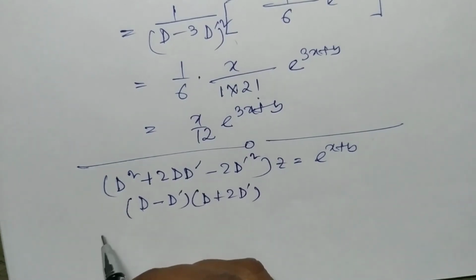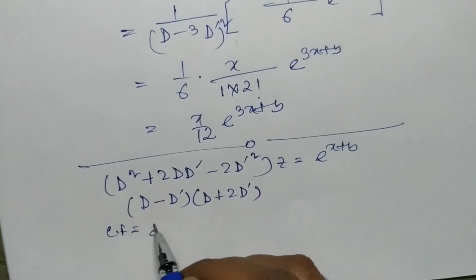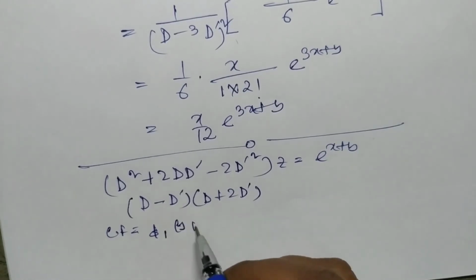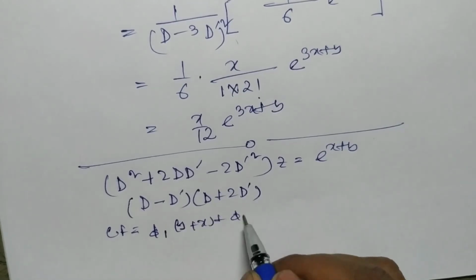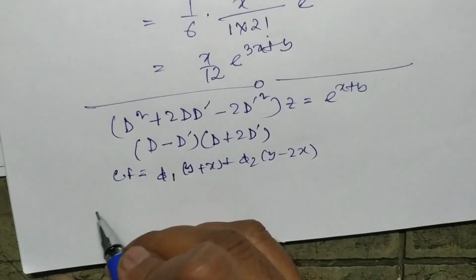So your CF is equal to phi 1 of y plus x, phi 2 of y minus 2x, and pi.